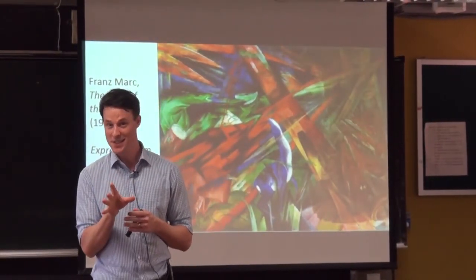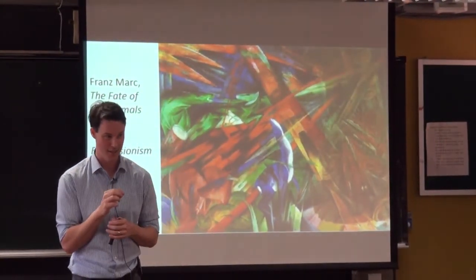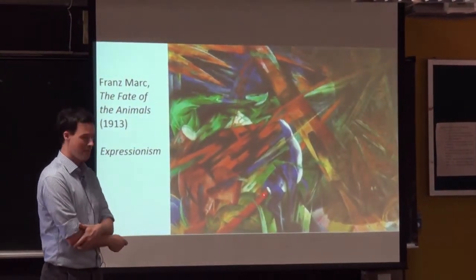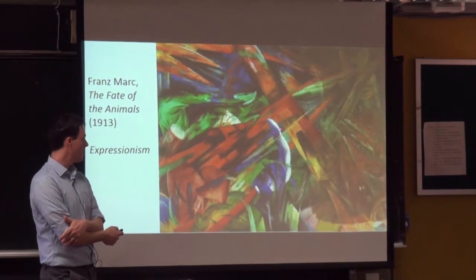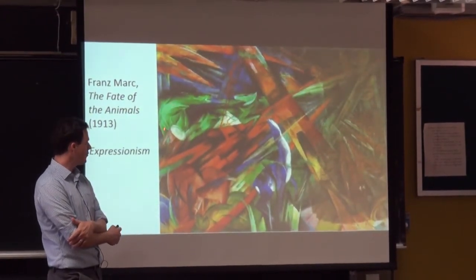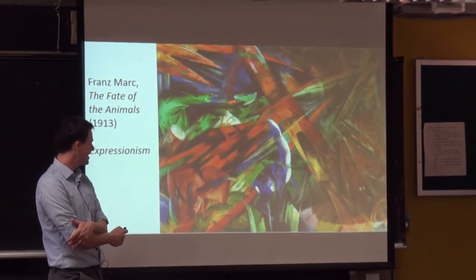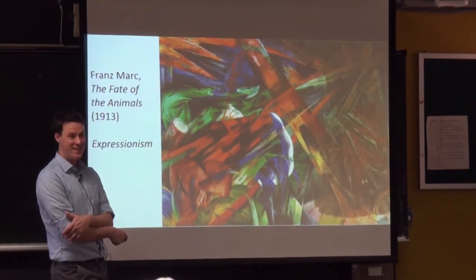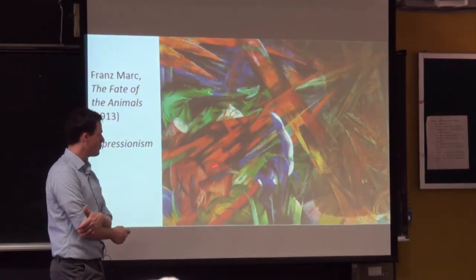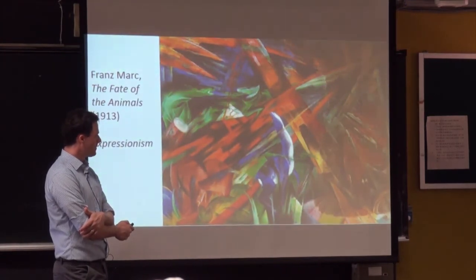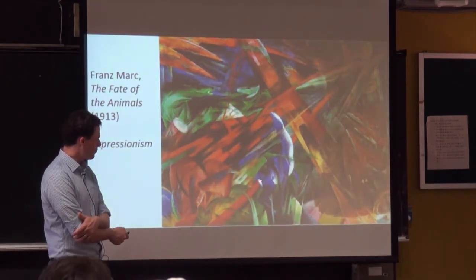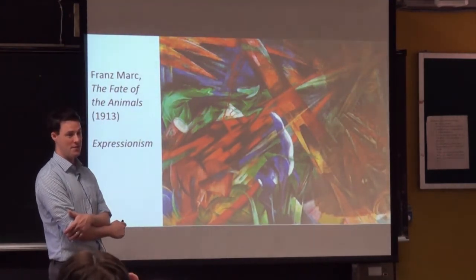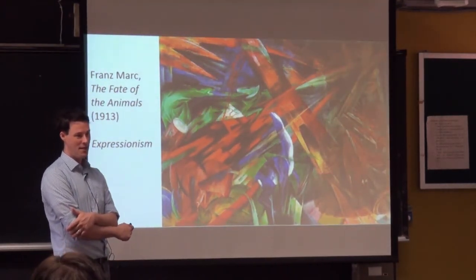The animals in particular are usually quite bright. You have this very bright blue deer. You have these bright green horses. You have these red pigs, okay, in the corner. So mostly primary colors and very bright colors are used to describe animals.